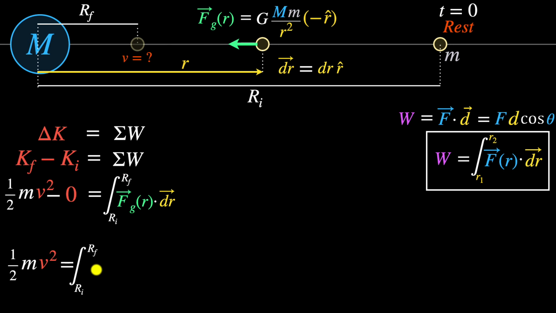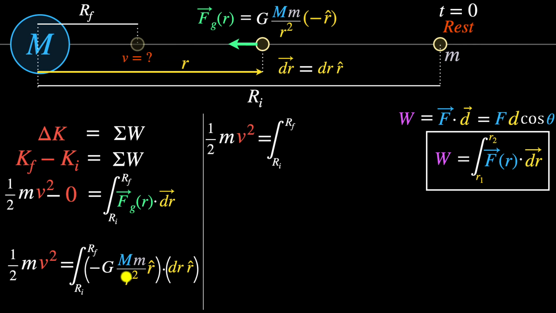So it's going to be the integral of the force, which is this thing over here, dot the displacement vector, which is over here. Okay, let's simplify this. So what do we get? Well, dot product only applies to vectors. So we can separate out the magnitude: minus GMm by r squared times dr, times the dot product of r hat and r hat.